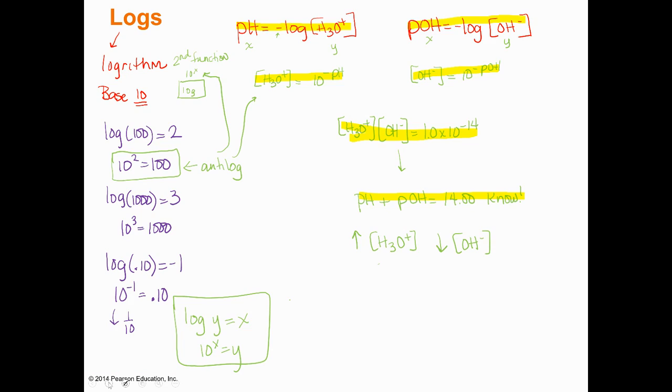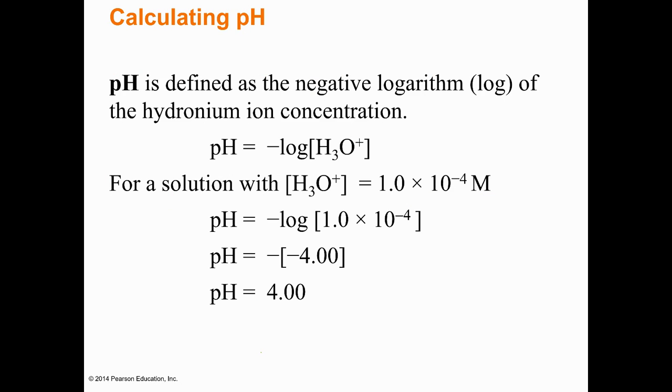Okay, so let's do some calculations. Here's a logarithm, and pH is the negative log of hydronium. Take a moment: if you have a hydronium of 1.0 times 10 to the negative 4 and you put that concentration in, pH will equal 4. Make sure that you know that this works out for you on your calculators, so practice that.